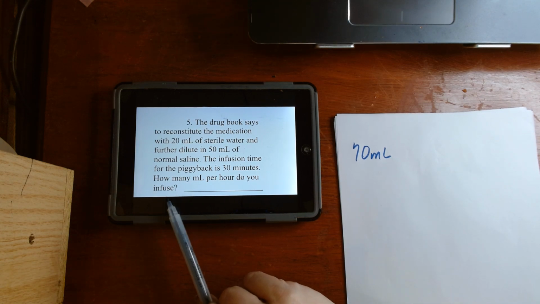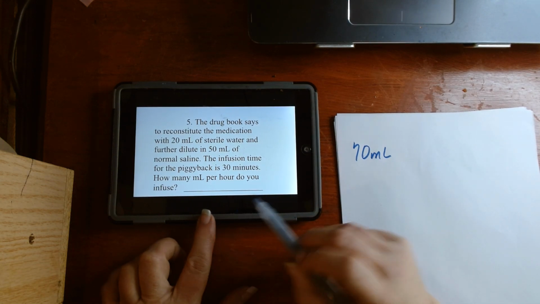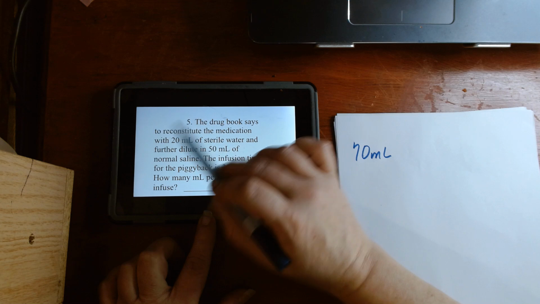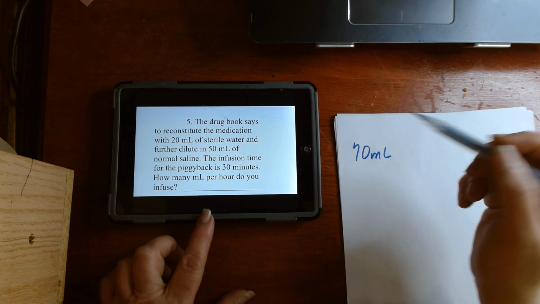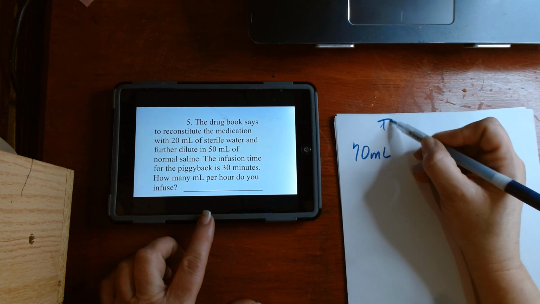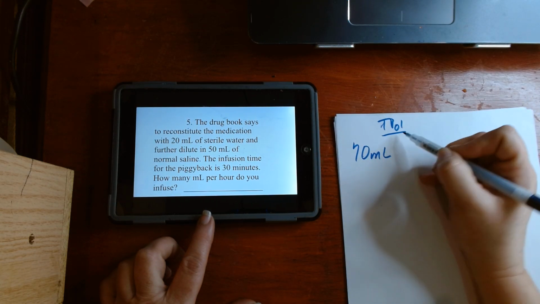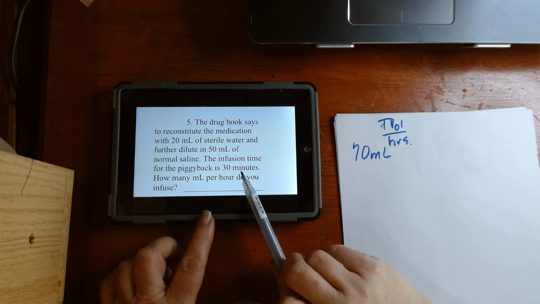Now, this is asking how many milliliters per hour do you infuse? It's going to be on a pump because it doesn't say anything about the tubing. That's how I know. For milliliters per hour, it's the total volume divided by the time in hours. But this is in 30 minutes.